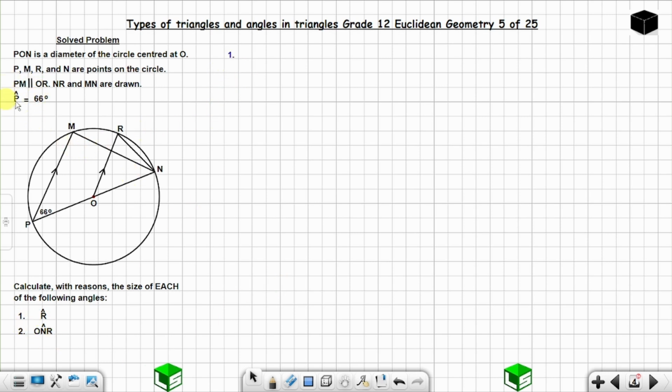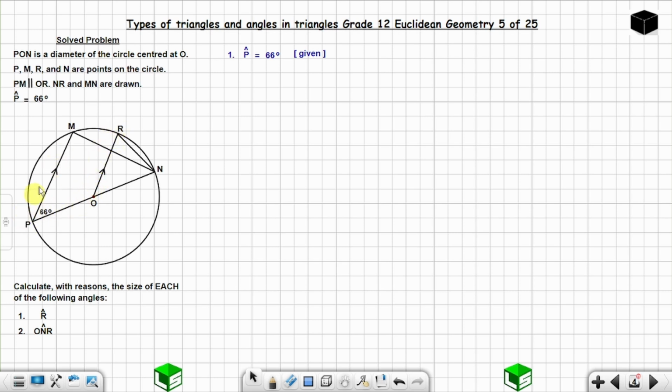You are given the angle P. Now, can you see the U shape? PM is parallel to OR. So this angle plus this angle must be co-interior angles.